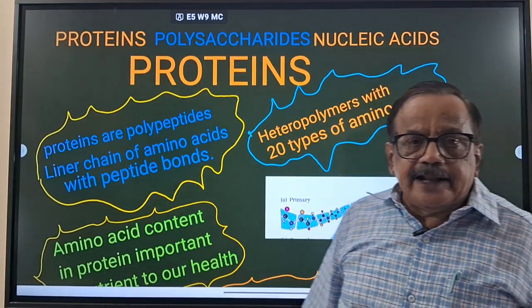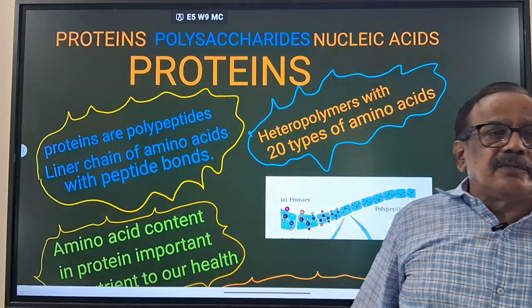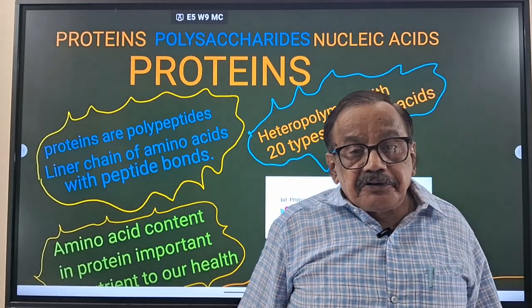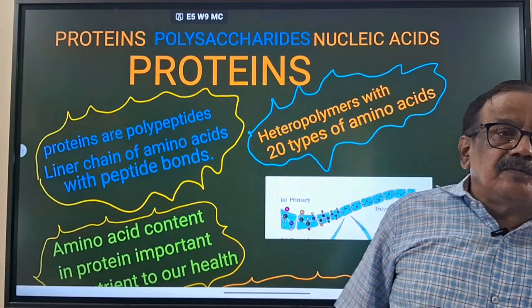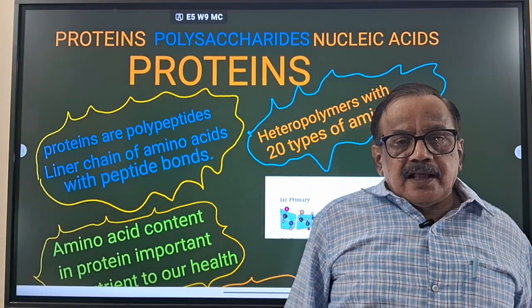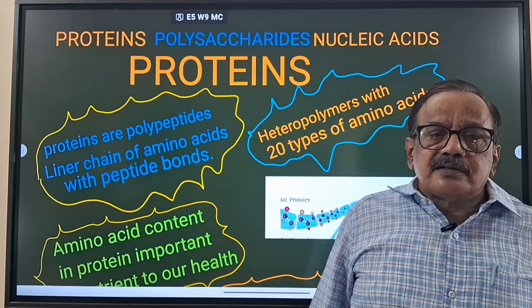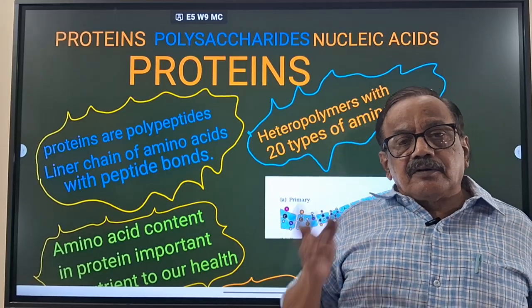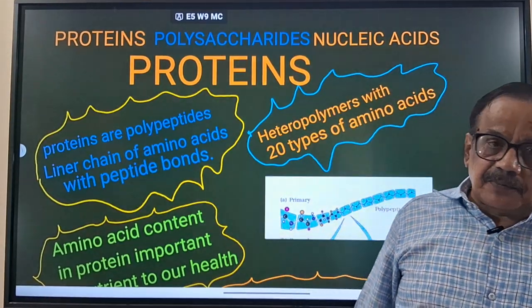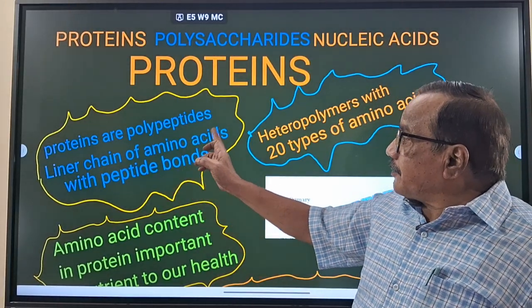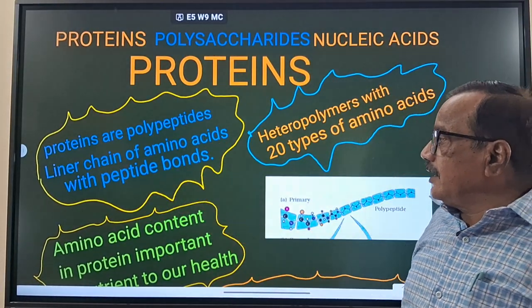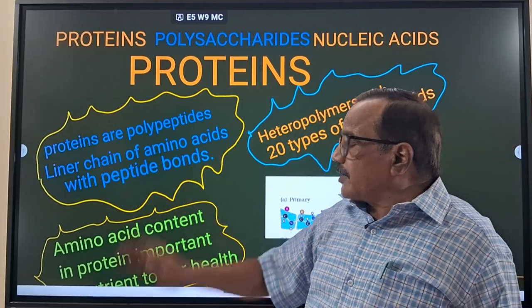What is protein? Protein is the basic body building unit of the cell. The cell is built up by proteins, and enzymes are proteins. So enzymes are most important. Proteins are polypeptides, linear chains of amino acids with peptide bonds.